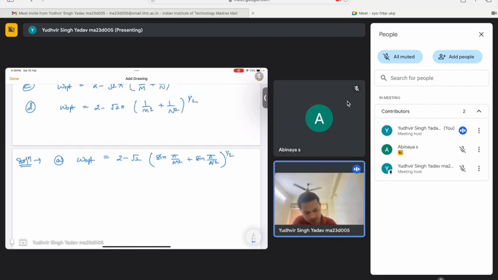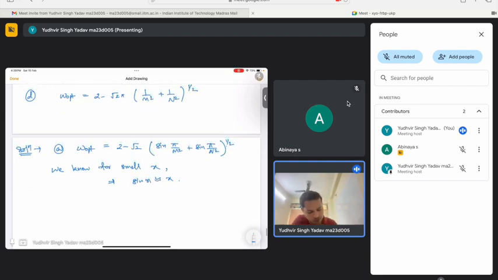So in this method, we know that for small value of x, sine x is approximately equal to x, for any small theta or small x.